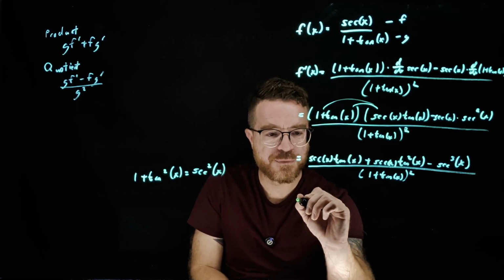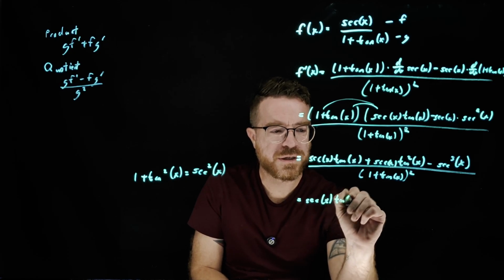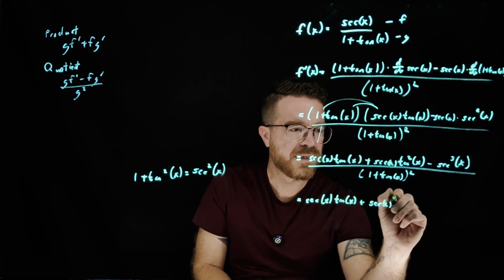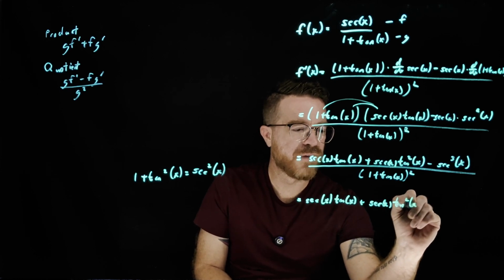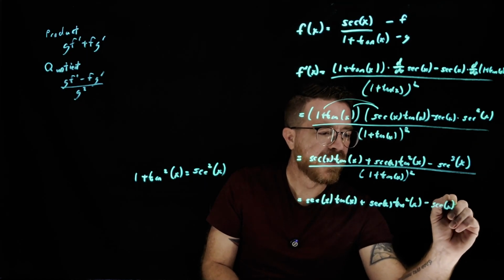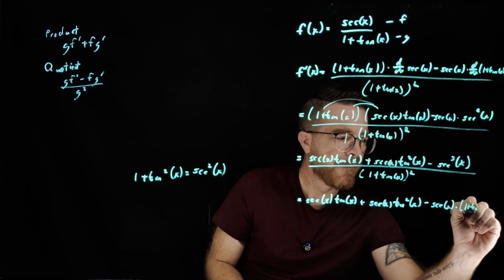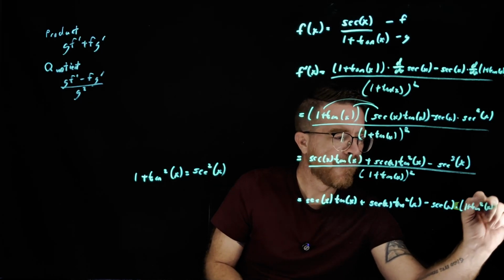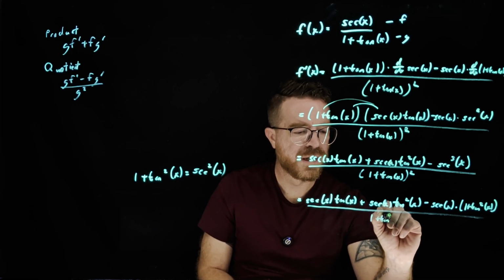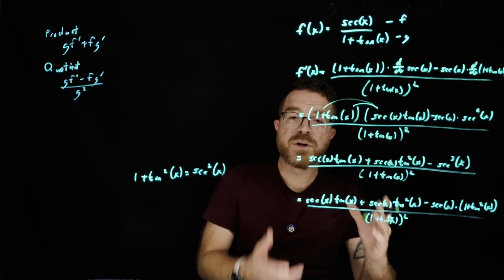So this is going to give me secant of x tangent of x plus secant of x tangent squared of x minus secant of x times (1 plus tangent squared of x). And again, all of this is still divided by (1 plus tangent of x) squared. Now you might have wondered why I did this.